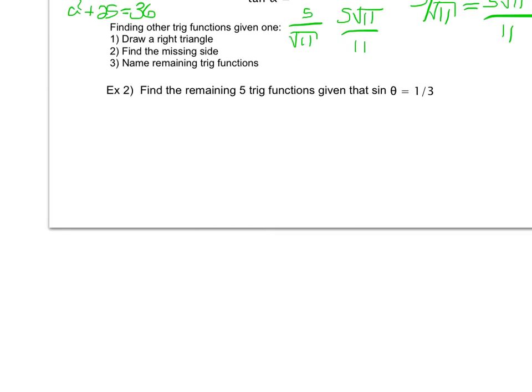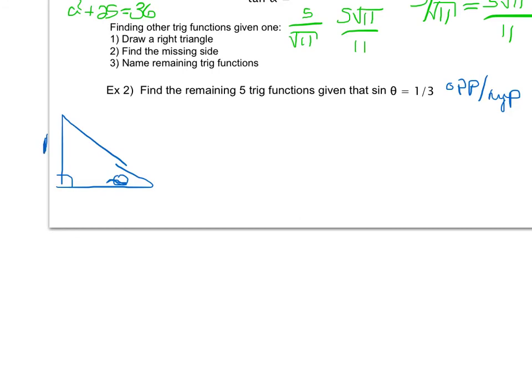So example 2, I'm told that sine is 1 over 3. So I'm going to make a right triangle. I'm going to label one of my angles as theta. It doesn't matter which. And I know sine is opposite over hypotenuse. So from my theta here, I'm going to find my opposite side.